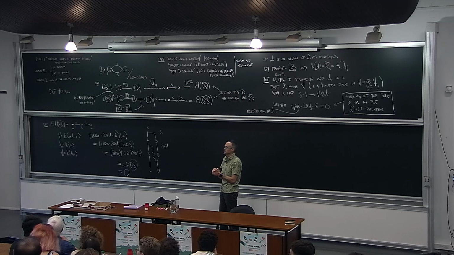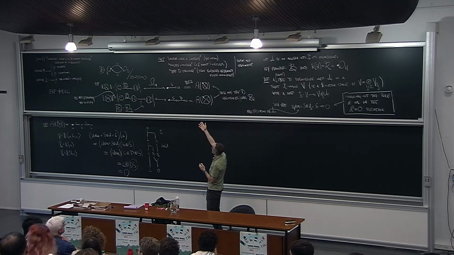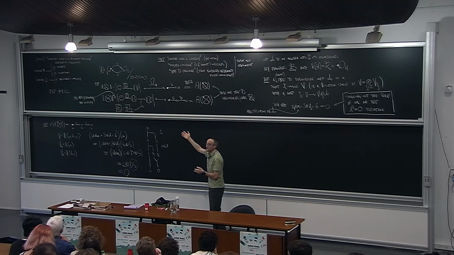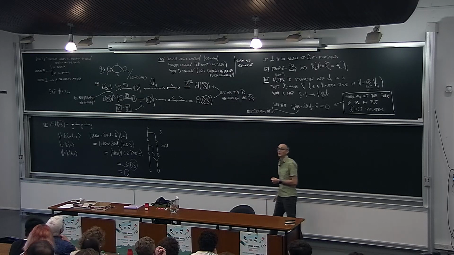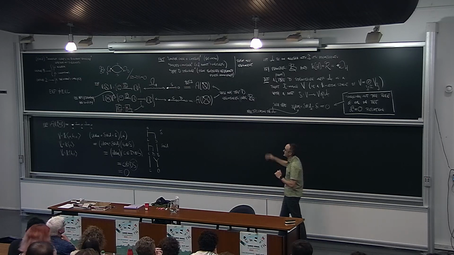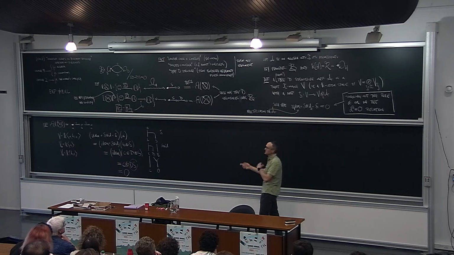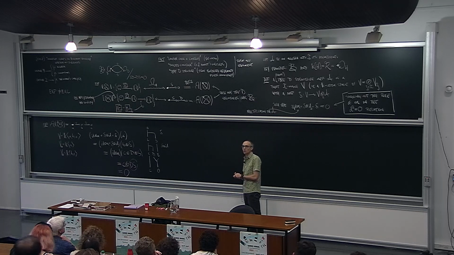Other students had the suggestion, so this gives you a shorthand for what these linear combinations of cobordisms are. The wrinkle was that we had to mark a point, but we saw that the point was really wrapped up in this whole mutation question anyway, so we're happy. Other questions?